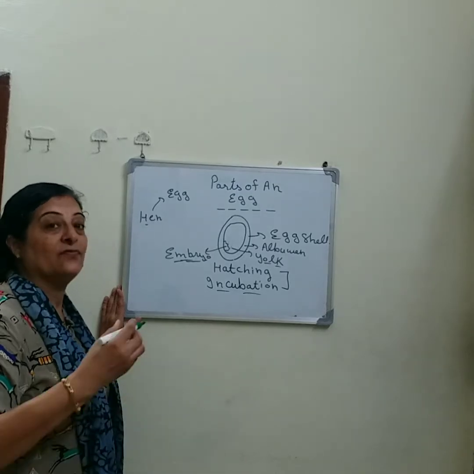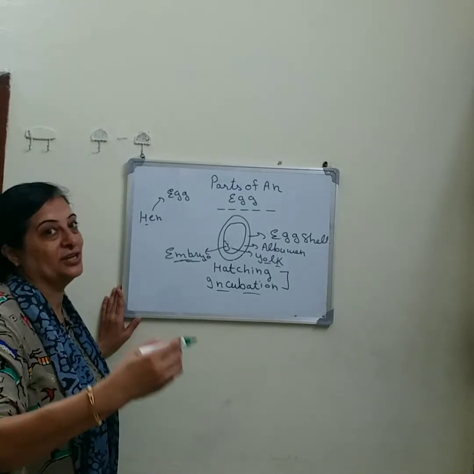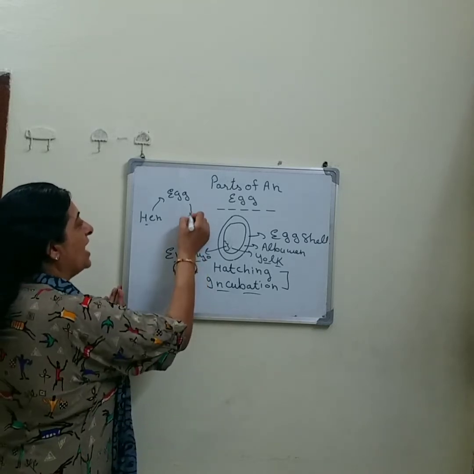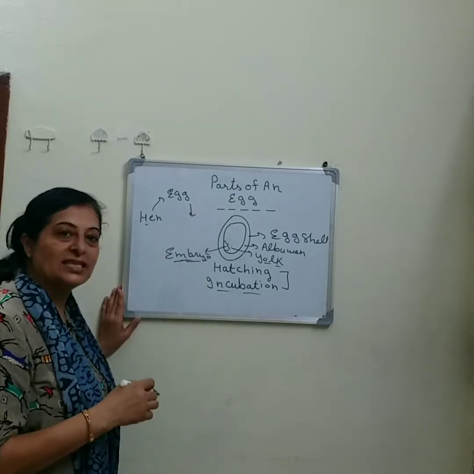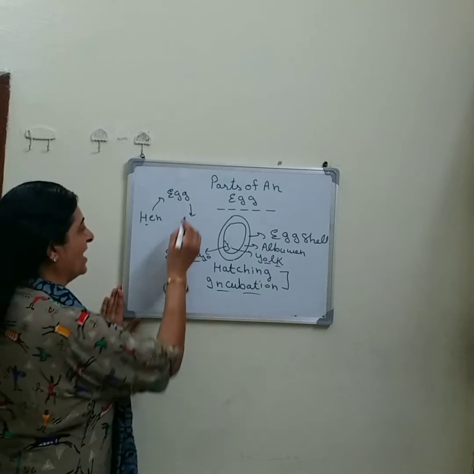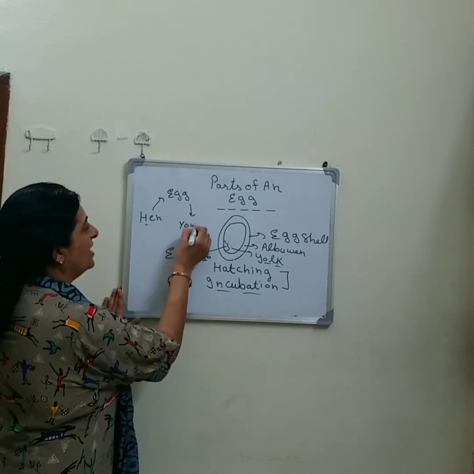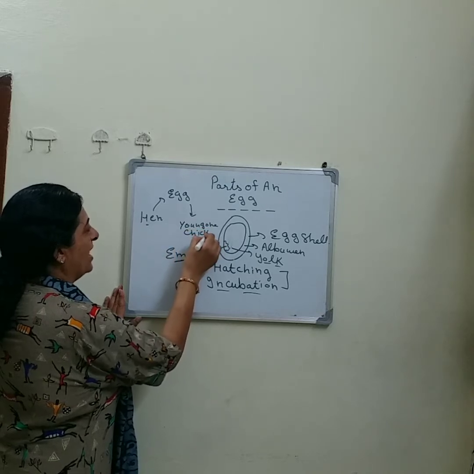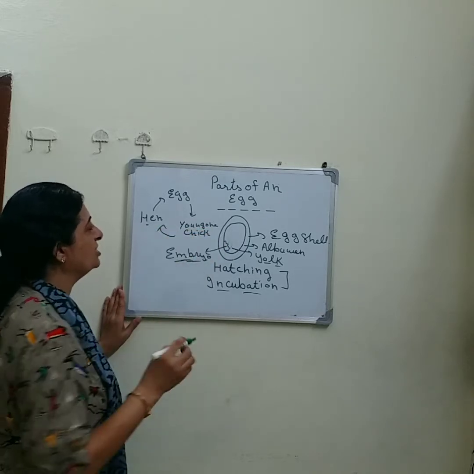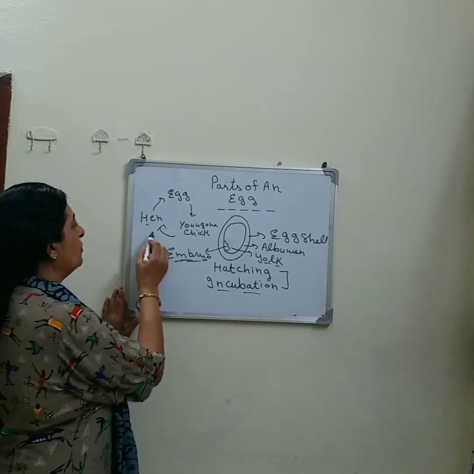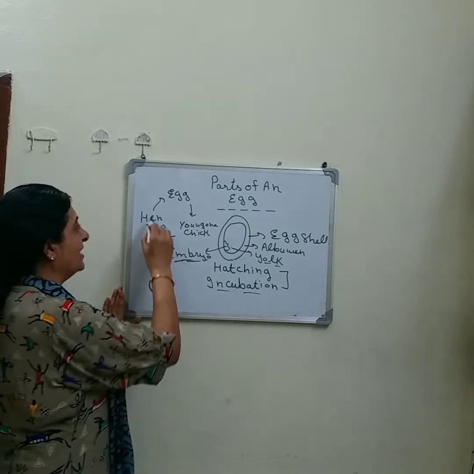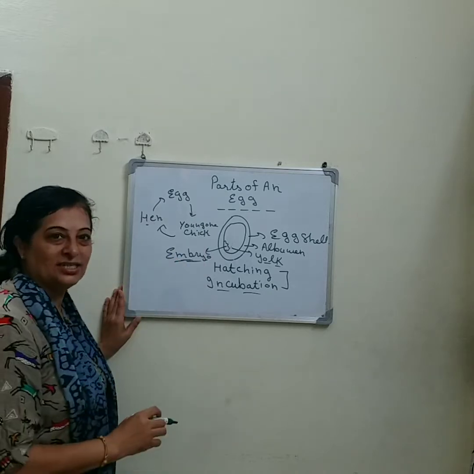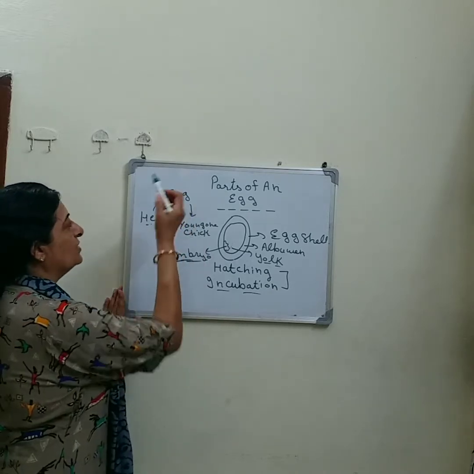After some time, when the embryo starts growing into a young one, it hatches out, it comes out from the egg. And now we have the young one of the hen, that is the chick. After some time, the chick will grow up into an adult hen, and again the process will continue. So the hen gives us the egg.